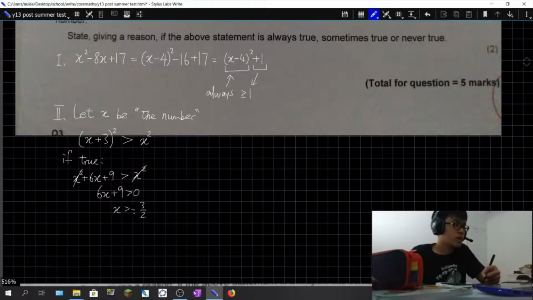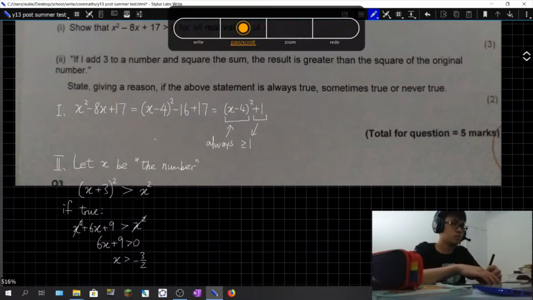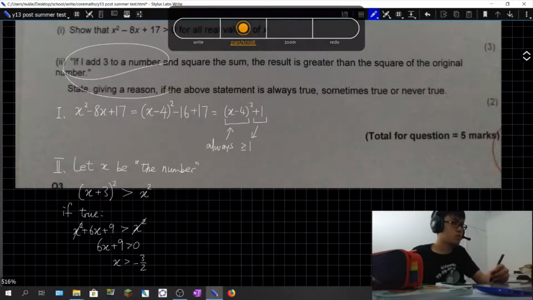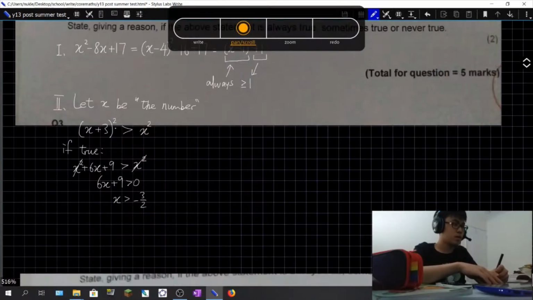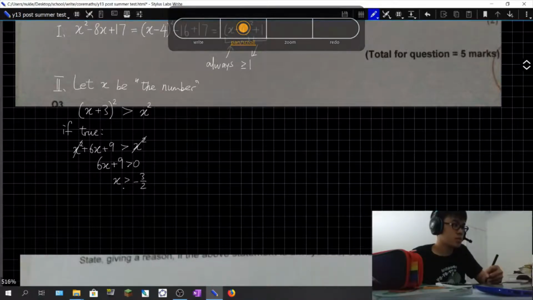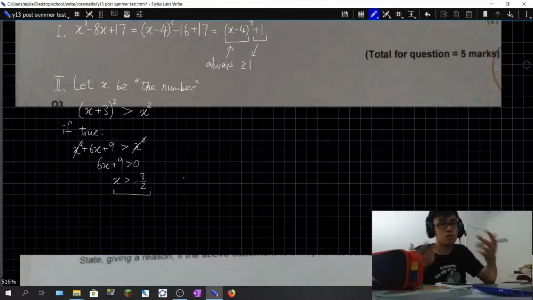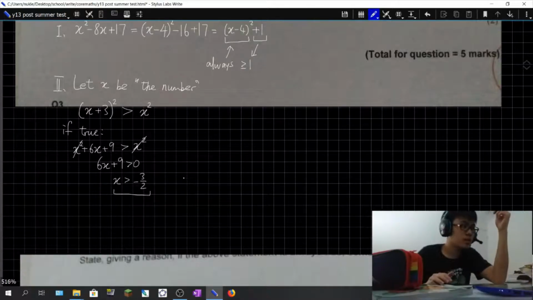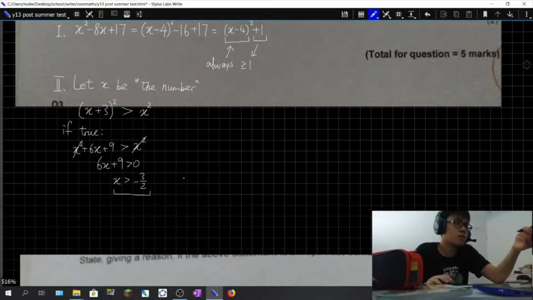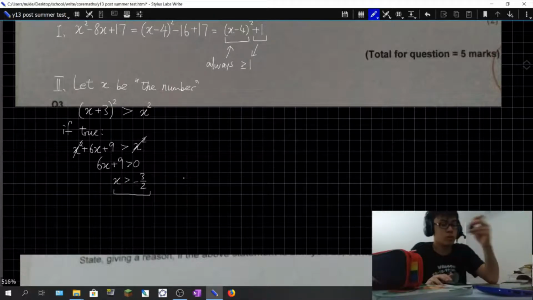So we have found a range of values for which this statement is true. This whole statement is true when x is bigger than negative 3 over 2, which is not all values, because x can be something smaller than negative 3 over 2. It can be negative 9,000, and then that statement will not be true.